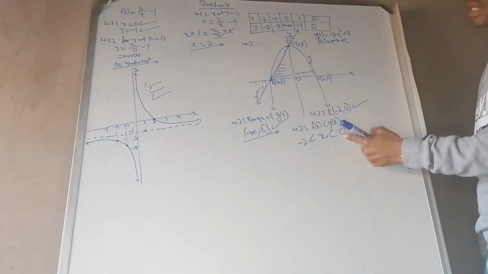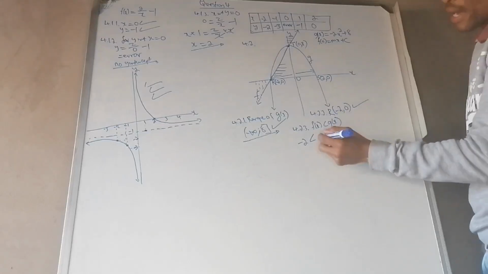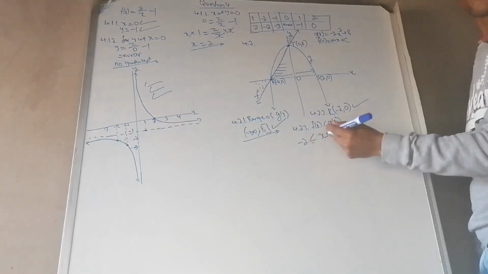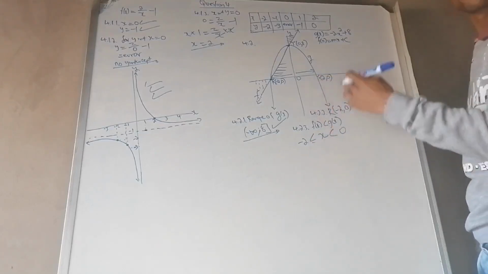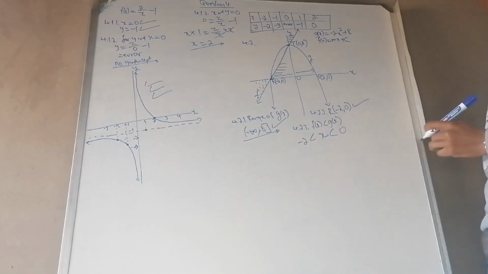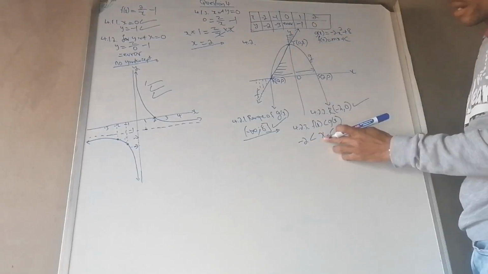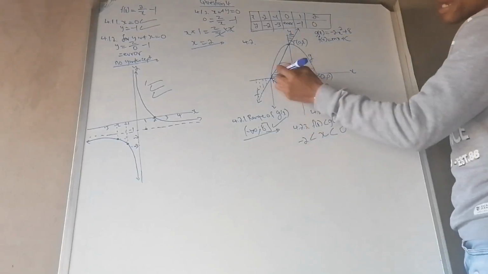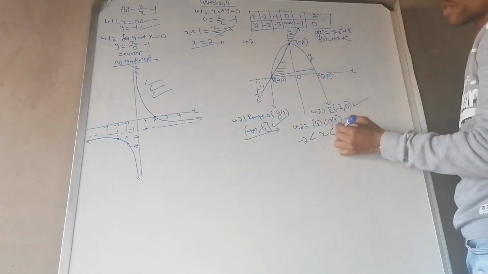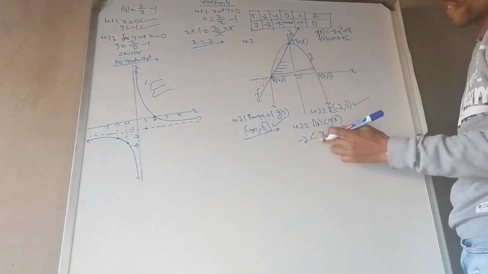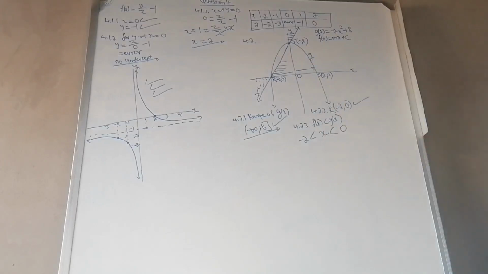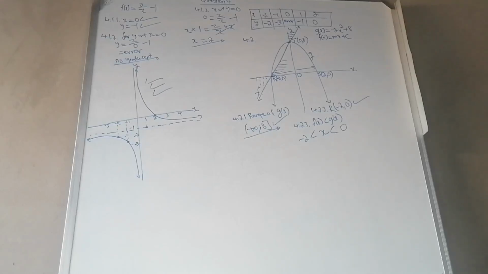Now the question is, why do I not include equal? Because we want where the graph is strictly less. That is why we make this inequality. So x must be greater than minus 2 and x must be less than 0. Again, the graph of f is below the graph of g. Are we fine? All right.